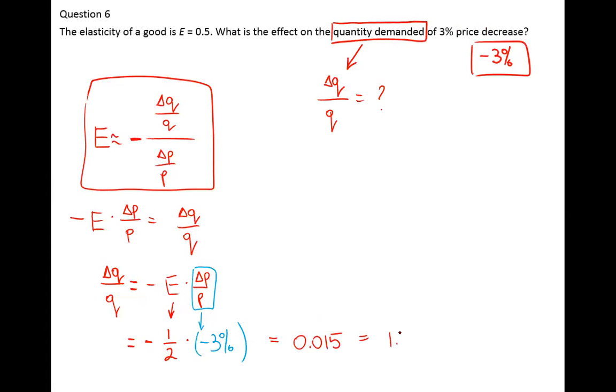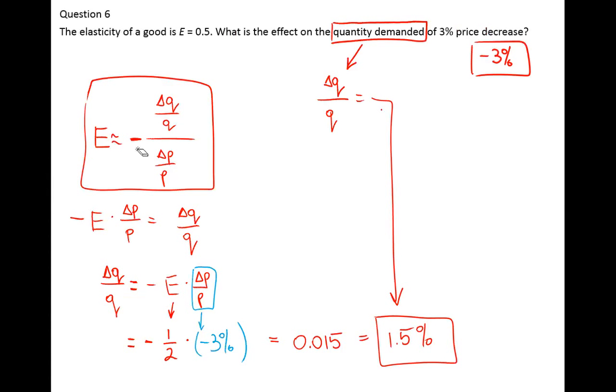And this is 1.5%. That means the percentage change in the quantity demanded is 1.5%. But again, we're using this formula, because I'm not trying to explain exactly mathematically, but we know that's the formula, and we just follow this.